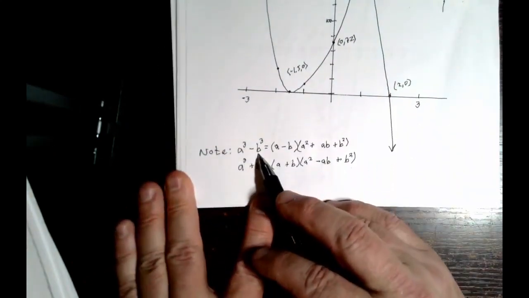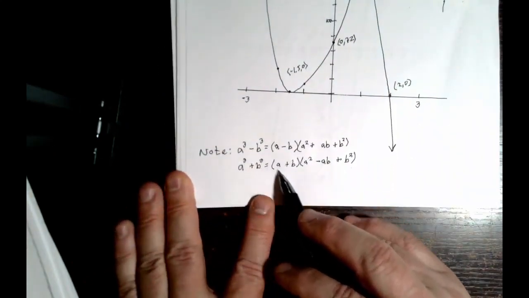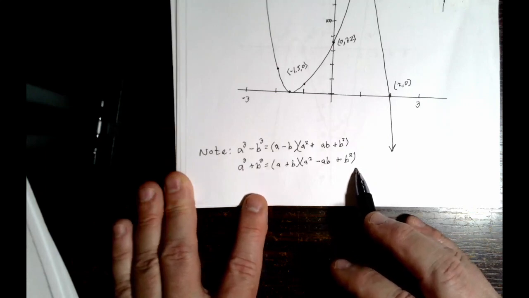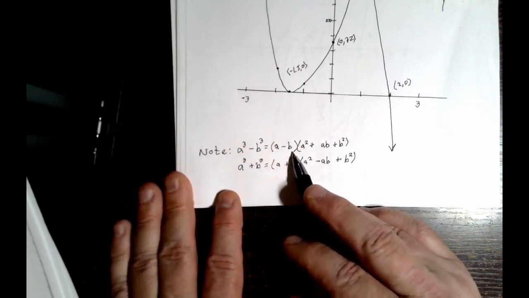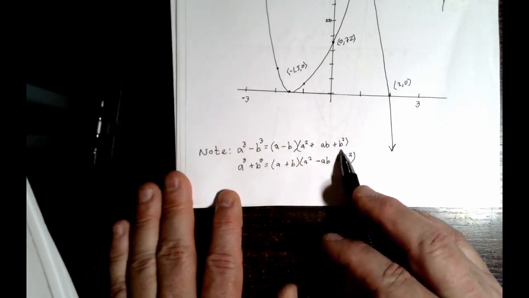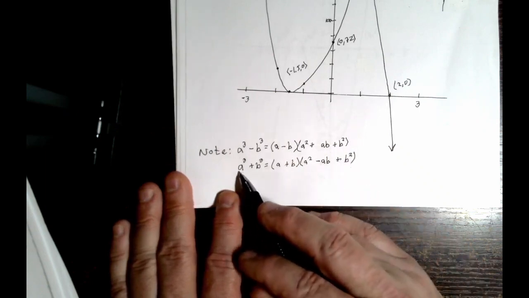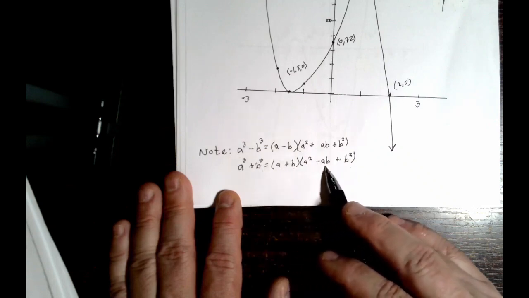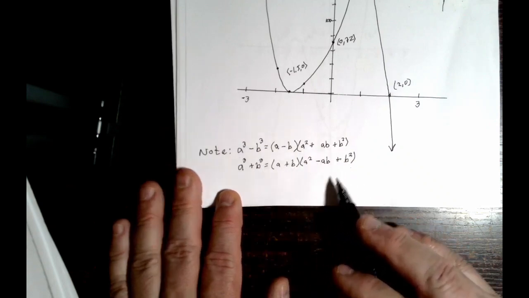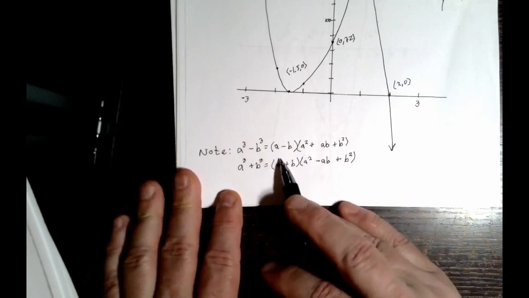That is the difference of cubes. Now right here are your difference of cubes formulas. You might want to write that down. A cubed minus b cubed is (a minus b)(a squared plus ab plus b squared). A cubed plus b cubed is (a plus b)(a squared minus ab plus b squared). Now the way to remember these is the terms are always the same.